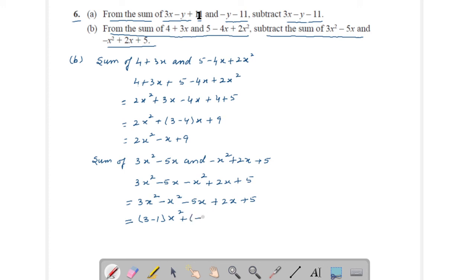You will get minus 5 plus 2 x plus 5. Now open the bracket. 3 minus 1. It is 2x square minus 5 plus 2. It is minus 3x plus 5.